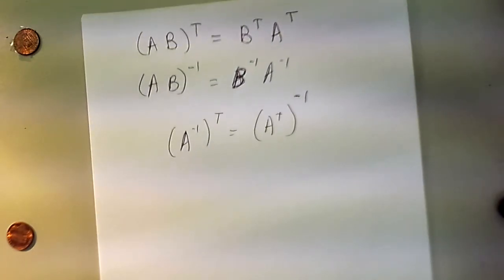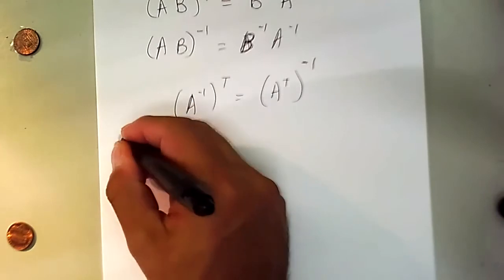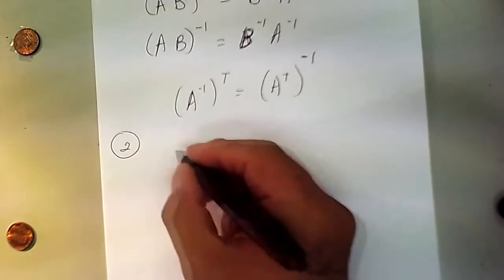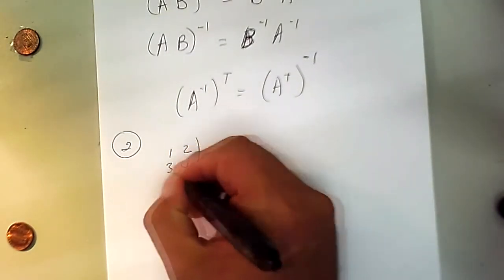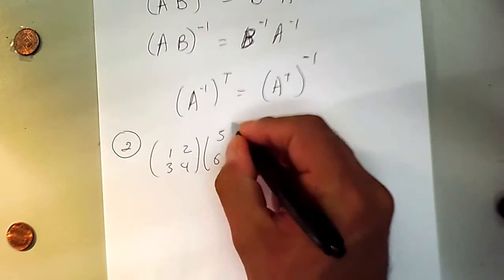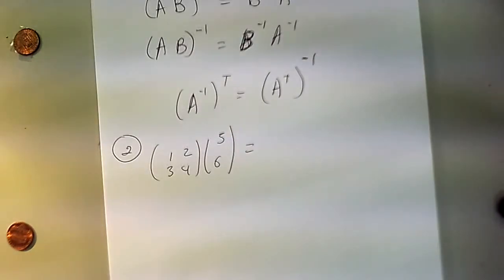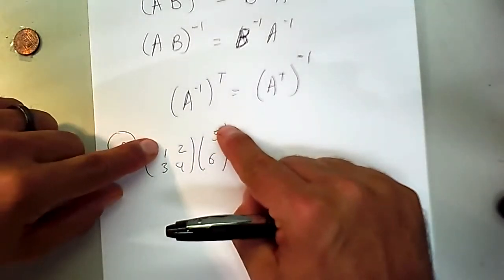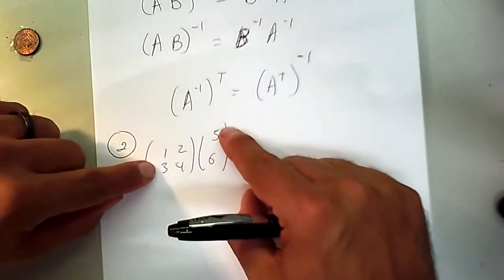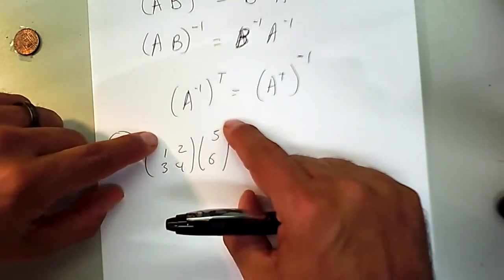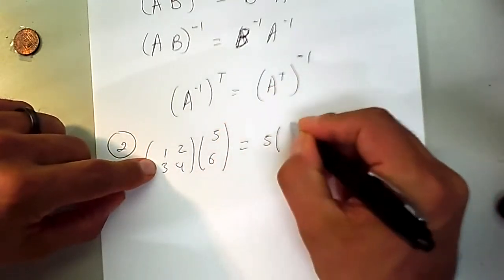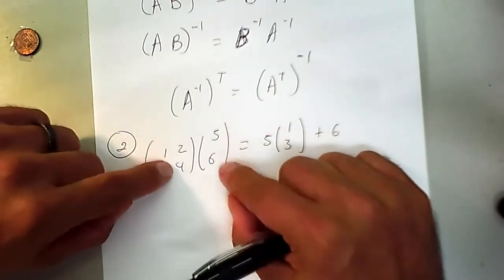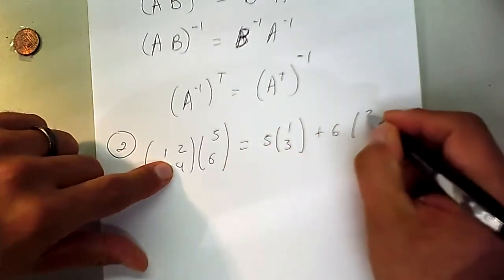Let's think about a couple of simple examples. Let's multiply the matrix 1, 2, 3, 4 with a column vector 5, 6. One way to think of this is 5 affecting the column 1, 3: 5 times 1, 3, and 6 times 2, 4.